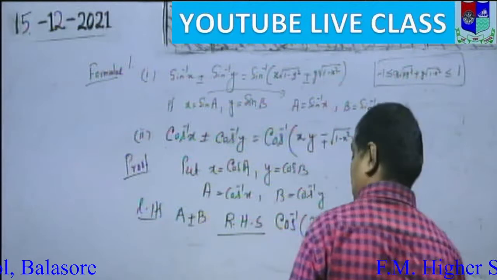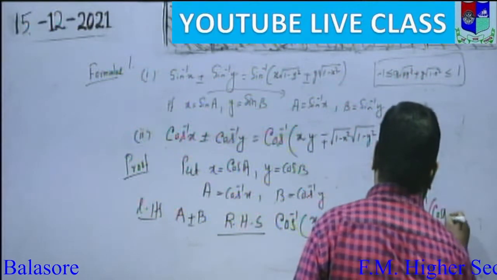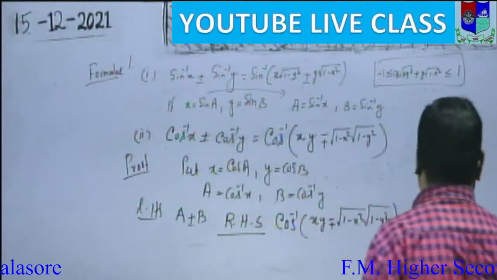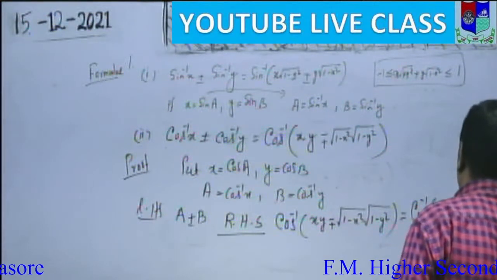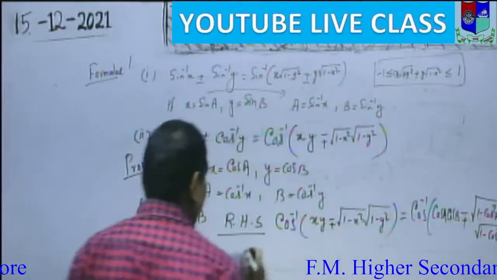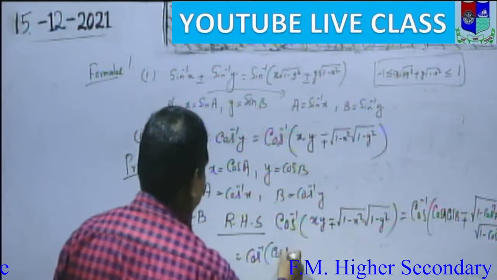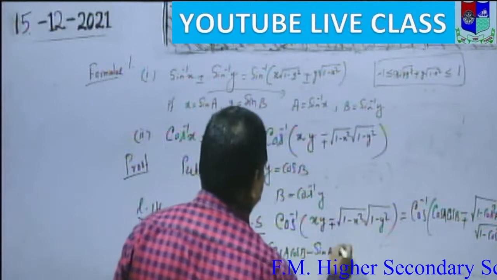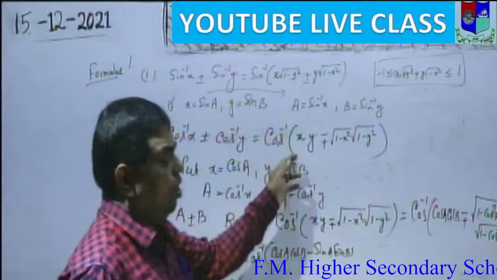That is equal to cos inverse of cos A cos B, minus or plus the square root of 1 minus cos square A into 1 minus cos square B. This is your cos inverse of cos A cos B minus sin A sin B. Here also the same thing as above.